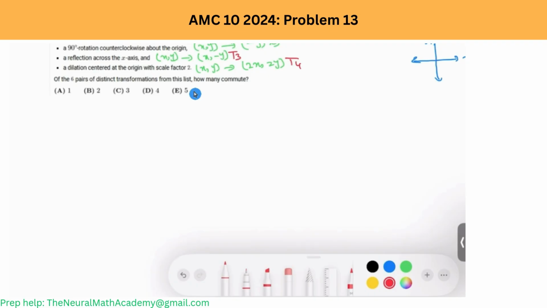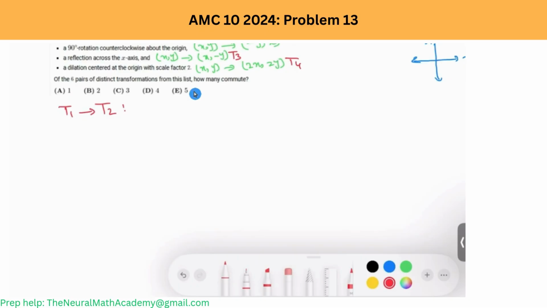So for that, what we have to do is simply, let's say first we check for T1 to T2, and then we will also check from T2 to T1. So basically what we're checking is that if we apply first T1, then apply T2, or if I apply T2 first and then apply T1, is the answer same or not?